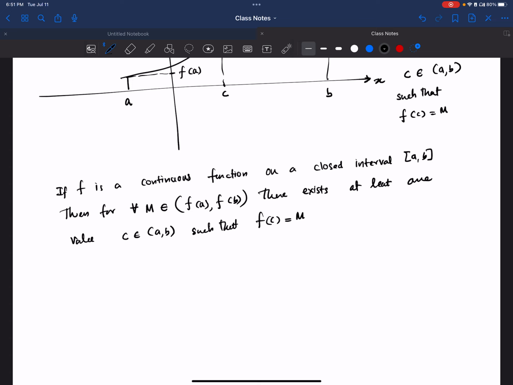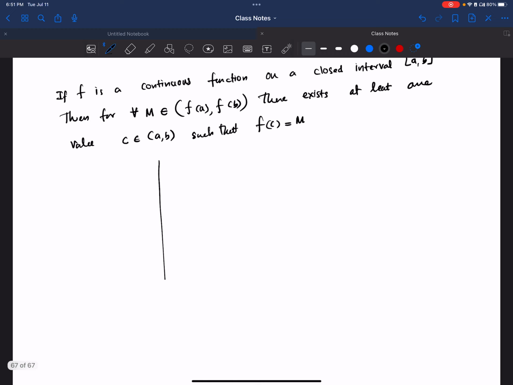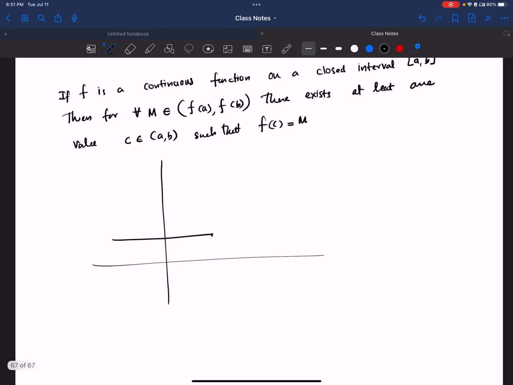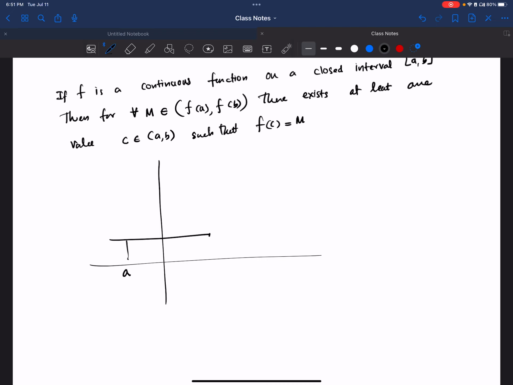So if f of x is discontinuous, if f of x is like this, if this is A, and B, this is f of b. Now M is in between, within f of a and f of b.